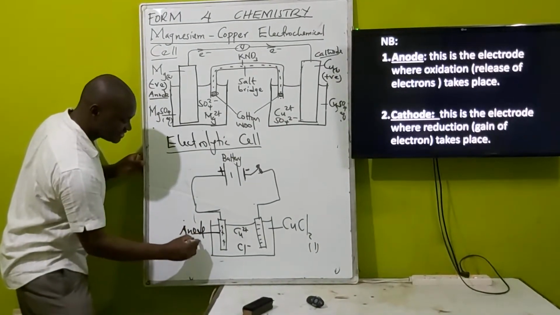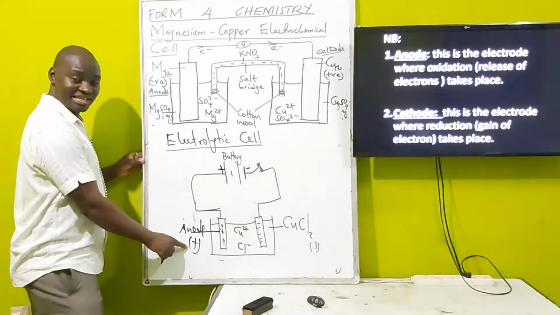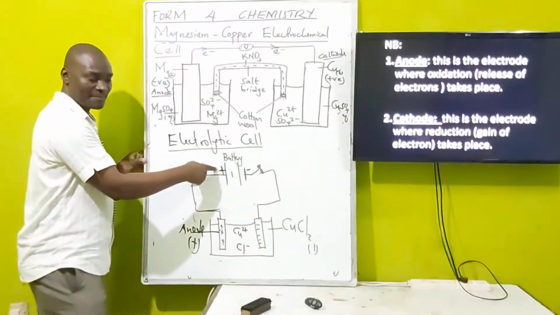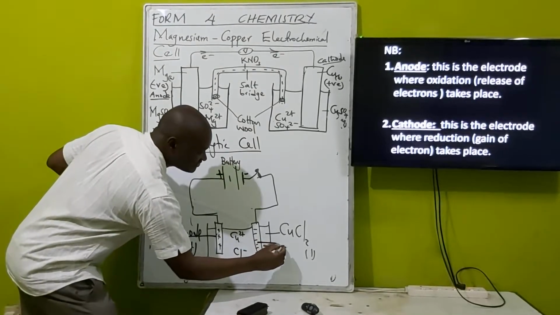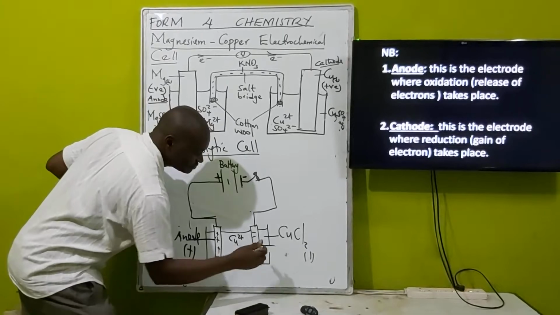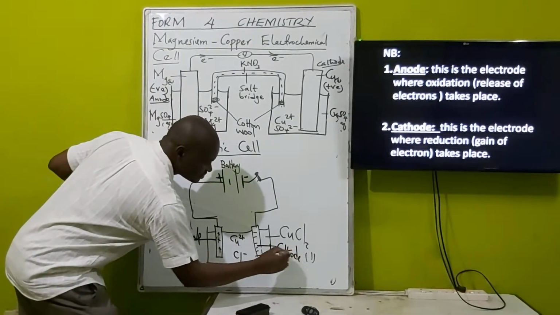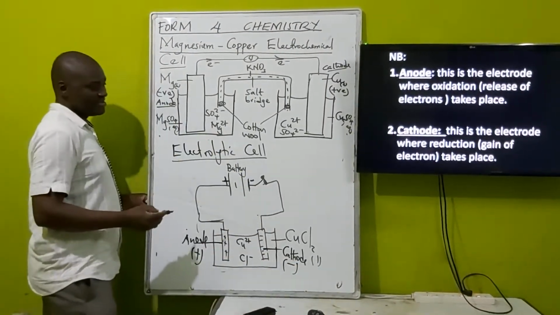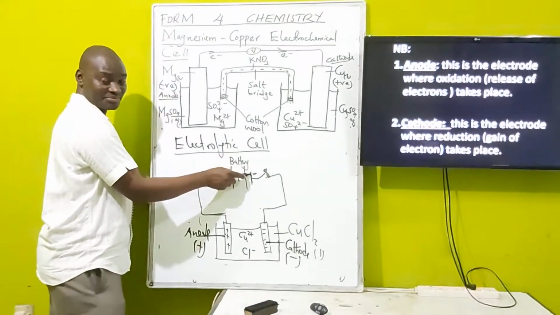So the anode is positively charged here because it is connected to the positive terminal of the battery. Then this one here, which is negative, is the cathode. And the cathode is negative because it is connected to the negative terminal of the battery.